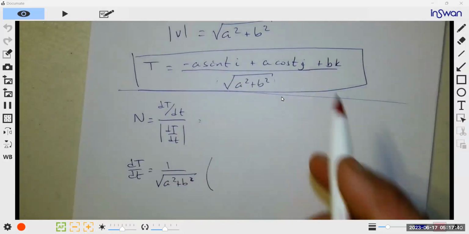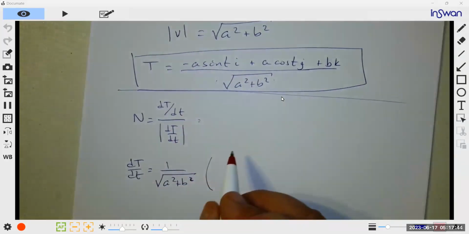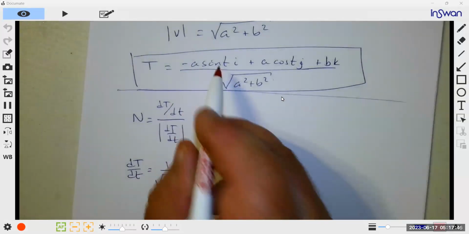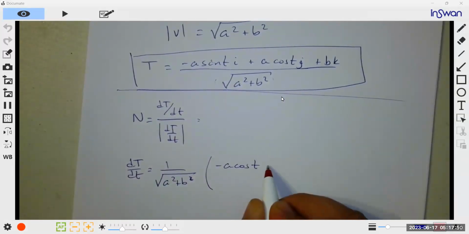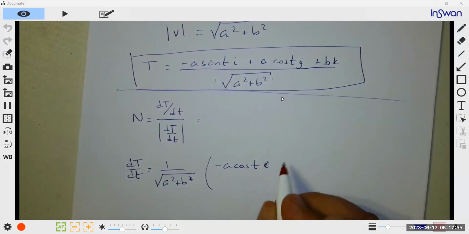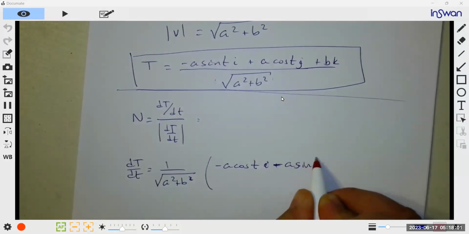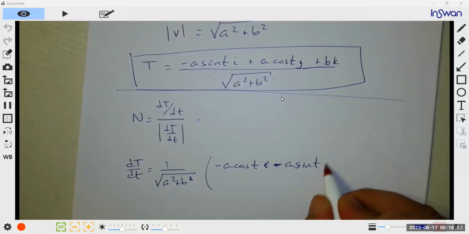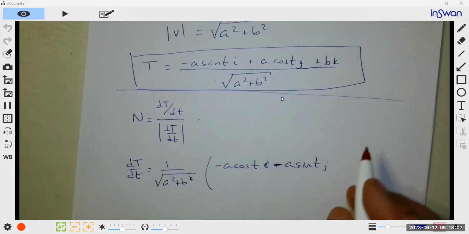The derivative is simply the top. So the derivative of negative a sine is negative a cosine t, and then it's going to be a minus because of the negative sine t, and the derivative of b disappears.